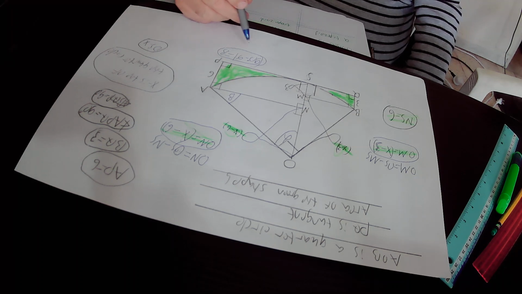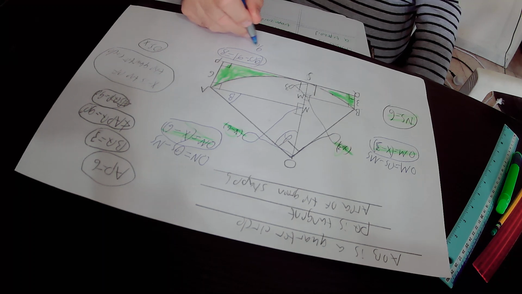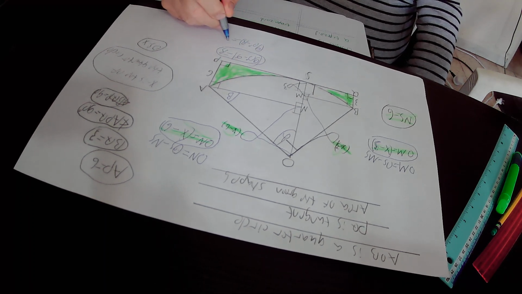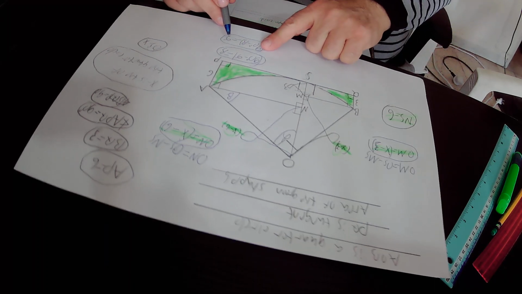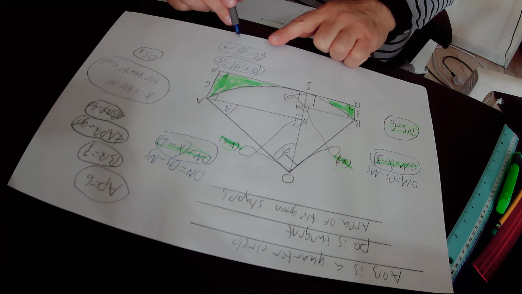If 90 degrees minus alpha equals beta, it means that 90 degrees minus beta equals alpha. Why? Because if you add alpha to this equation and then subtract beta, you get that 90 degrees minus beta equals alpha.